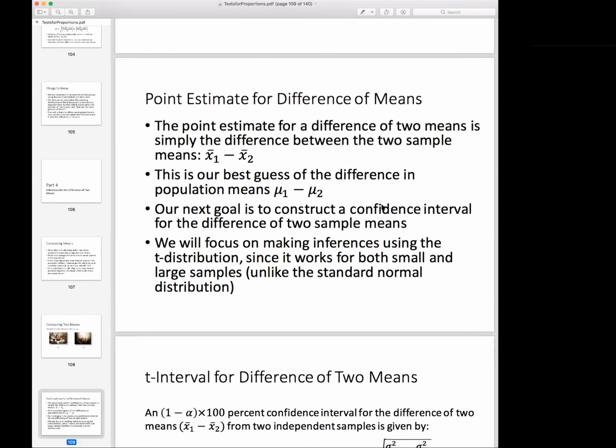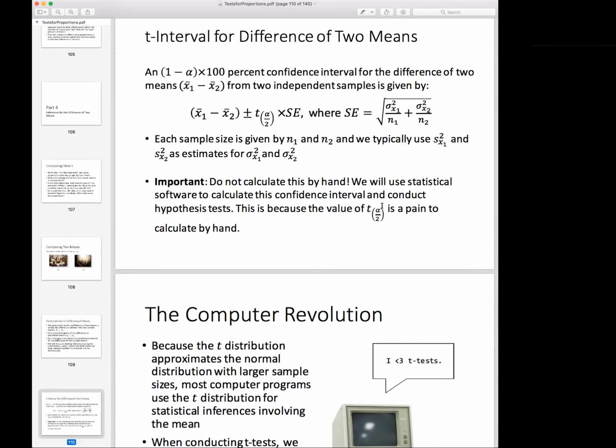So in this case, we're dealing with the t interval for the difference of two means, and we first find a confidence interval by taking the sample mean of 1, subtracting the sample mean of 2, using the t critical value, and multiplying it by the standard error, where the standard error is equal to the square root of the variance of sample 1 divided by the sample size of 1 plus the variance of sample 2 divided by the sample size of 2.